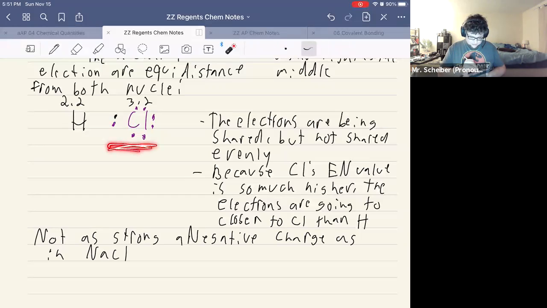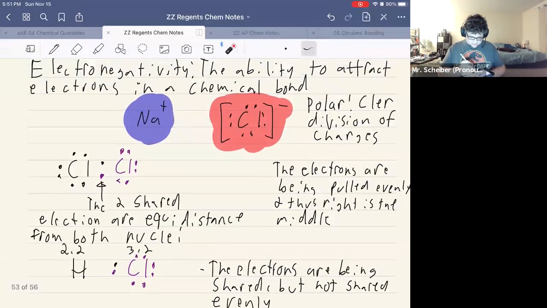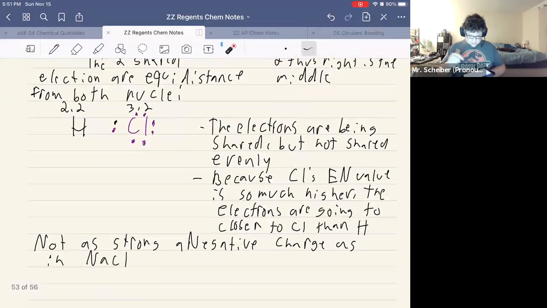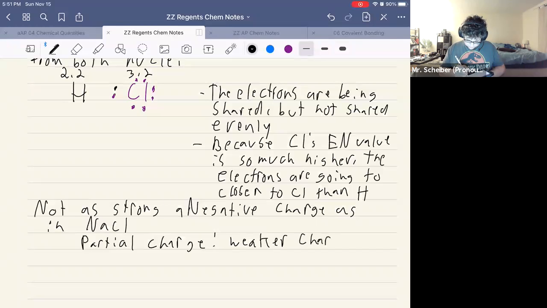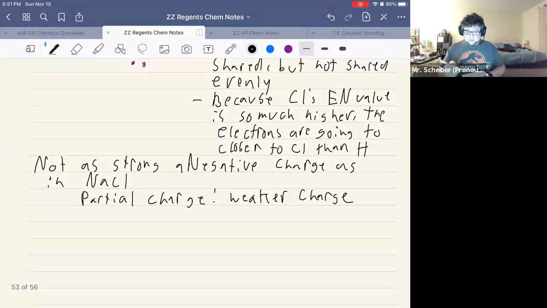This one right here is not nearly as strong as this over here. So we're going to give it what is called a partial charge, which is simply a weaker charge. Makes sense, right? And we have our partial charge signs for a partial positive charge.